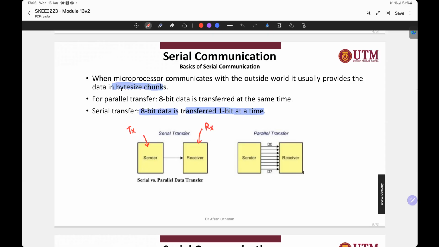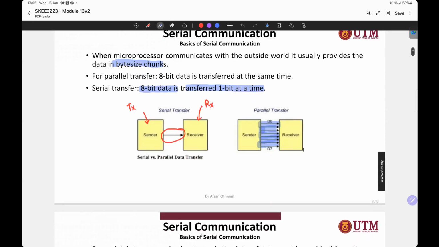For the serial transfer, you can see only one bit of data is transferred at one time, compared to the parallel transfer, where a total of 8 bits of data is sent from the sender to the receiver. So this is the difference between serial and parallel communication.